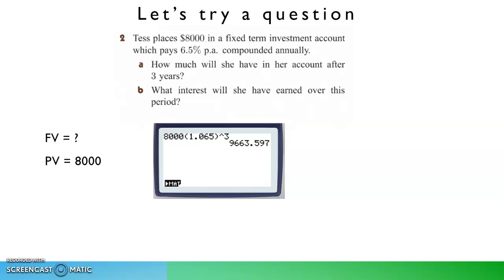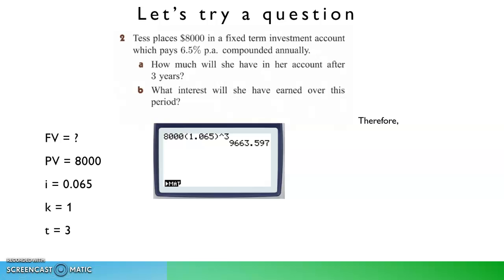We know her current value or present value is $8,000. We know that the interest rate is 6.5%, and as a decimal that is 0.065. We know that K is going to have a value of 1 because the interest is only compounded annually, so once per year. And we know that Tess is keeping that money in her bank account for 3 years.